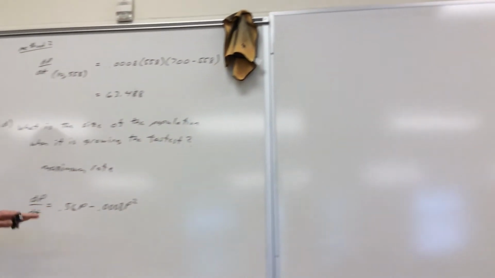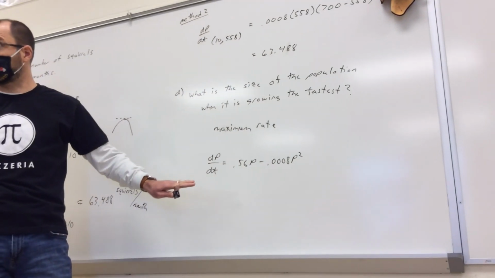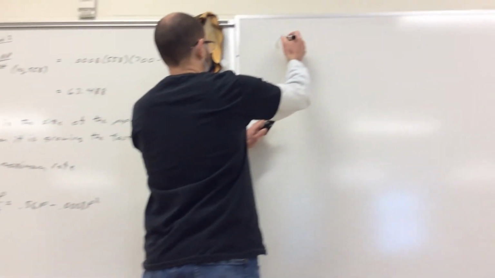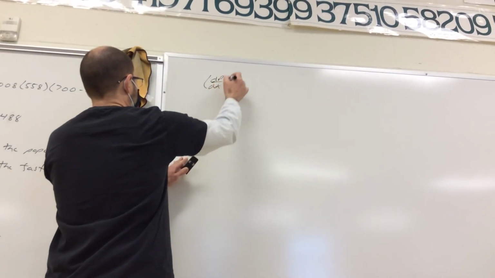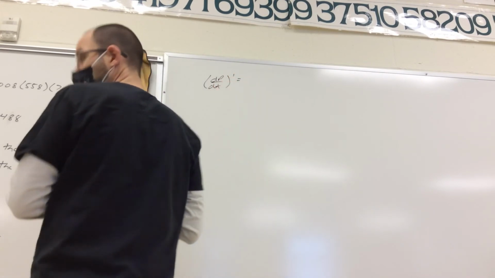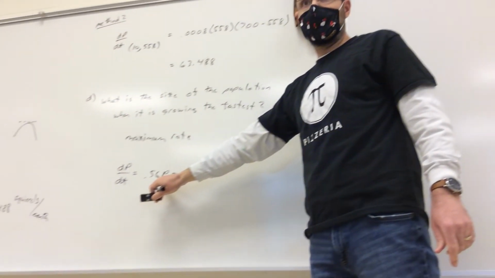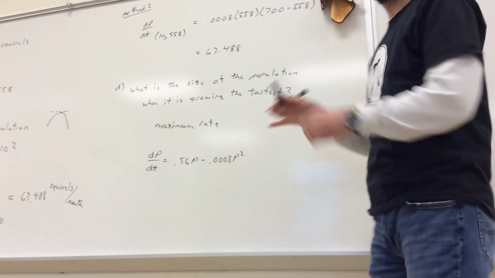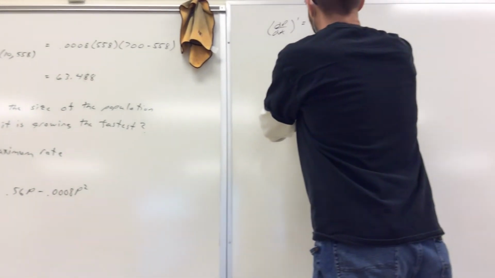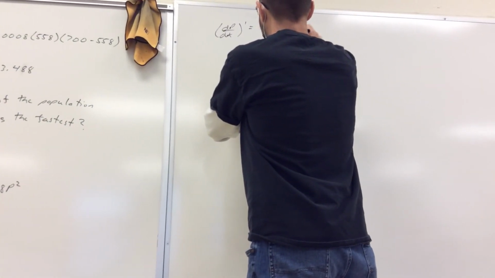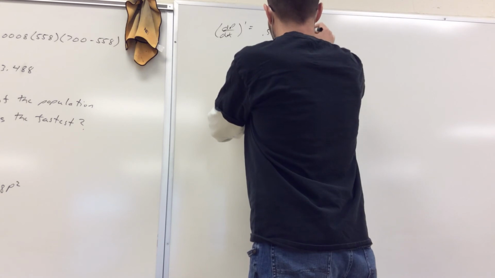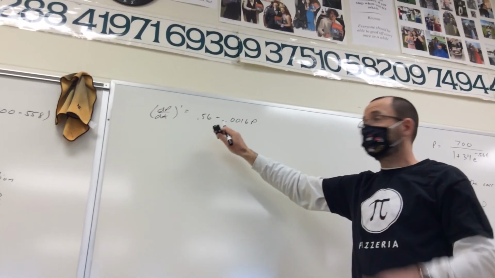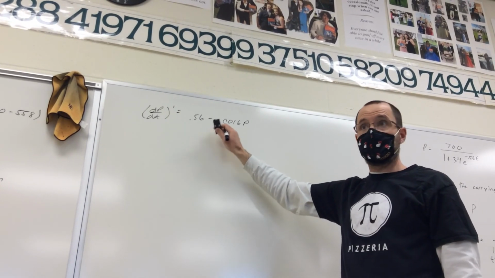So now I want the maximum of this. So I need to take the derivative of this. So dp dt's derivative is 0.56 minus 2 times that, 0.0016p, so there's the derivative of the rate.